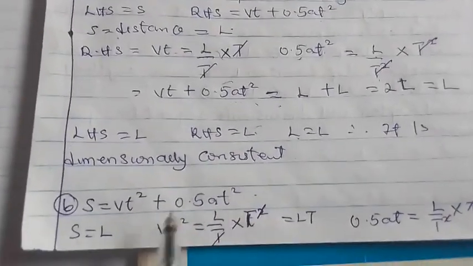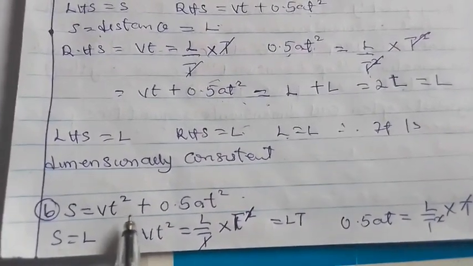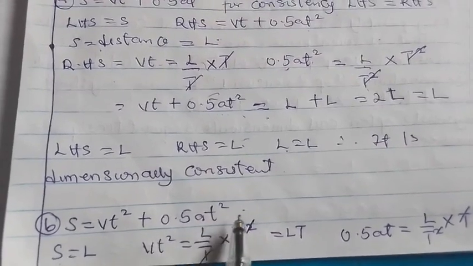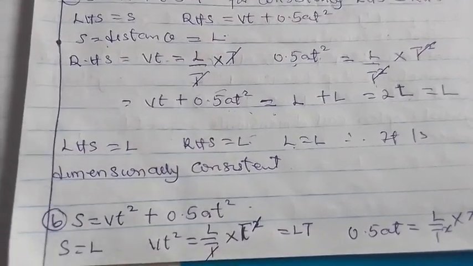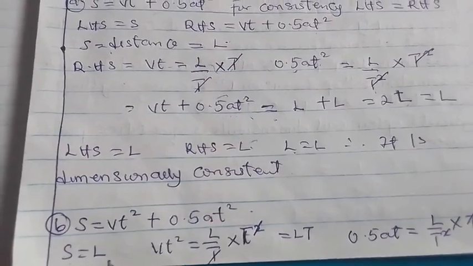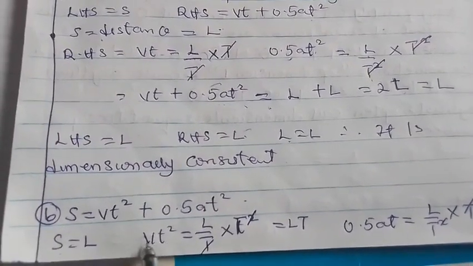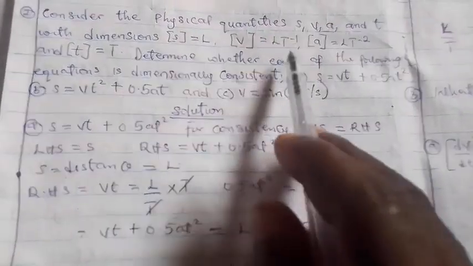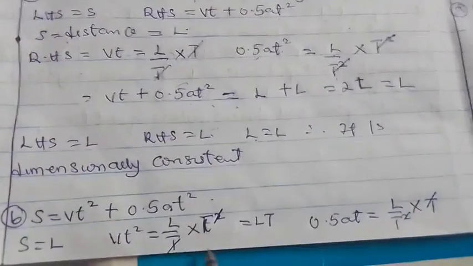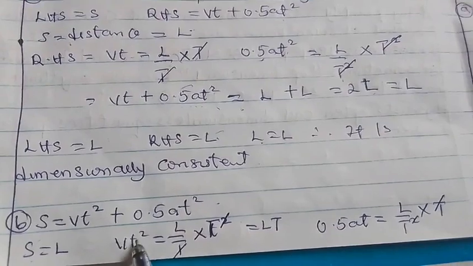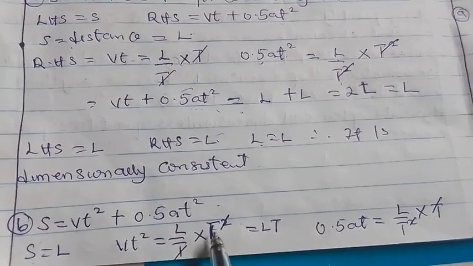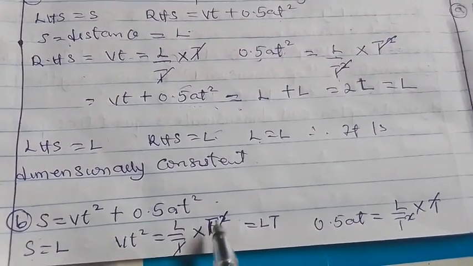Now the second one, S equals Vt square plus 0.5at square. S again is L, since S is distance, and distance is length. Now Vt square, the dimension of V as given in the question is LT to the power minus 1, so that's L over T, and the dimension of small letter t is capital T, so times T square.